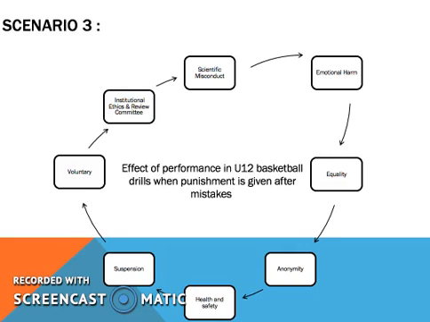Now, scenario three is the effect on performance in under 12 basketball drills when punishment is given after mistakes. This researcher needs to make sure that what he's doing is voluntary, so everyone actually wants to do it or volunteers to do it, and he's not forcing anyone to do anything. This is a very easy way that the participants may be deceived, because if it's basketball training, they may just assume that's all part of the training.